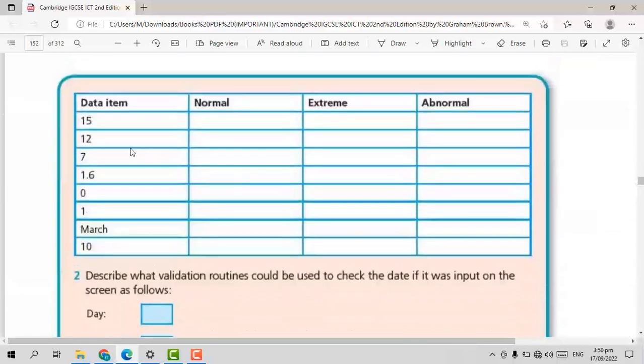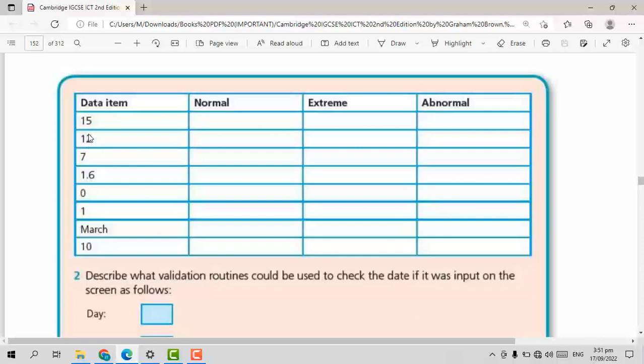Okay. Let's assume that this is a form, and those are the inputs entered by a user for a month. Now, if the user entered 15, is it normal? We don't have a month that's 15, so it's abnormal. Maximum is 12, right? From 1 to 12.